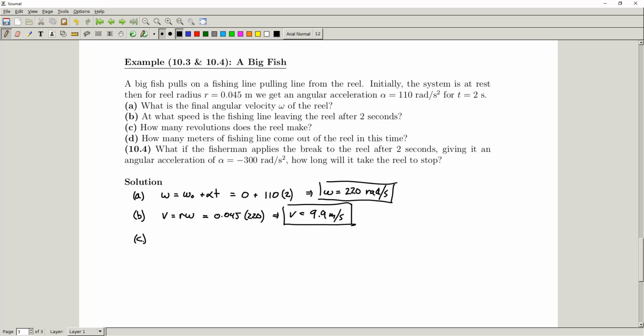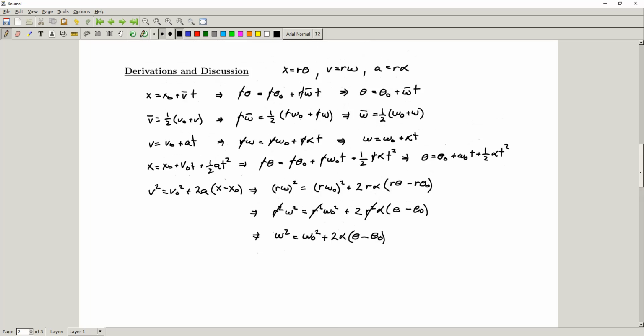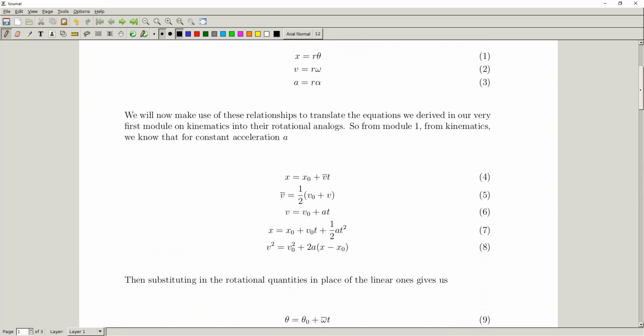So we want to know how many revolutions this reel makes in this 2 second period over which we have this acceleration happening. And actually, this reminded me of something important that I forgot to mention above. It should be obvious, but it definitely bears mentioning. When we first developed all these kinematic equations, these were only applicable where our acceleration was constant.